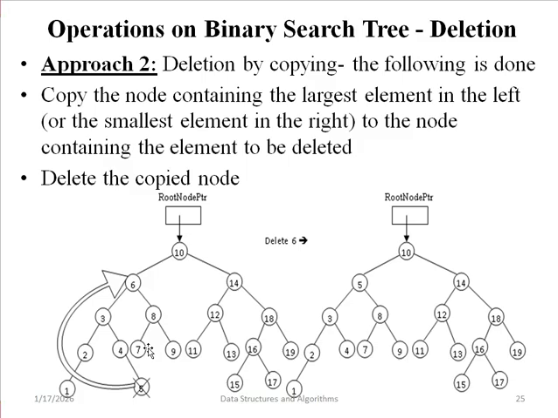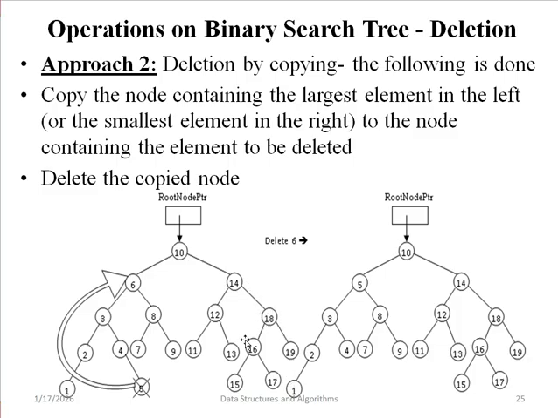What about 14? How can we remove 14? We can look from the left wing for the largest, so 13 will be moved here, and we can remove the node of 13.